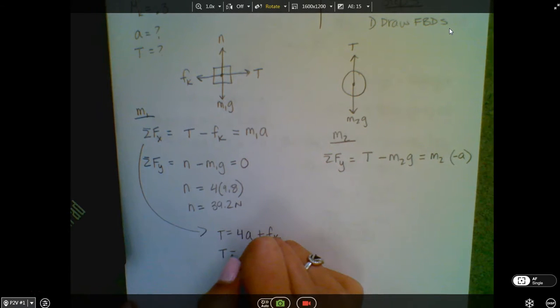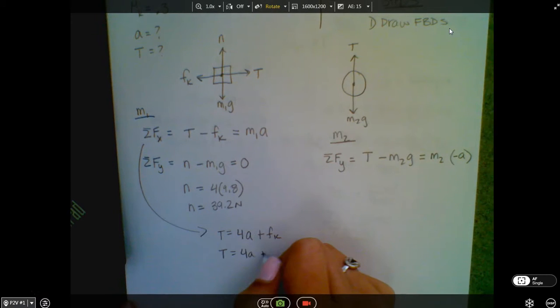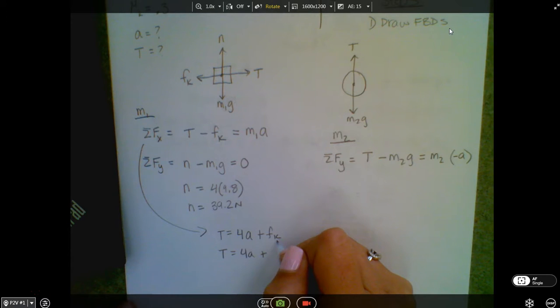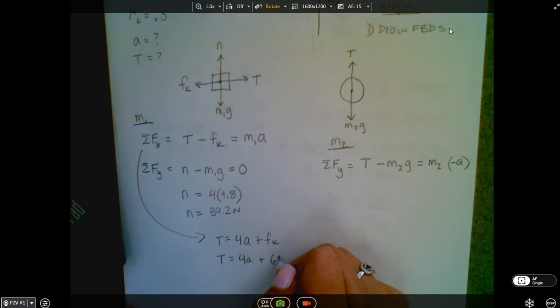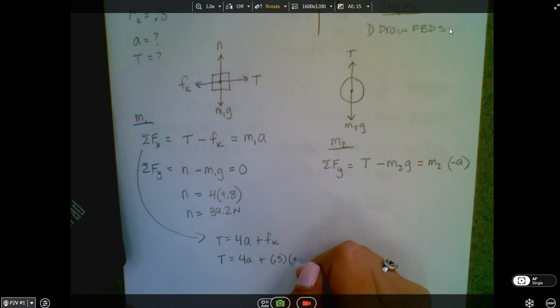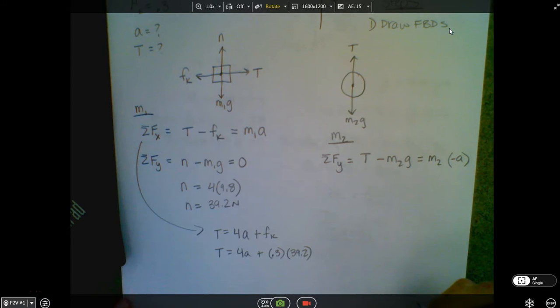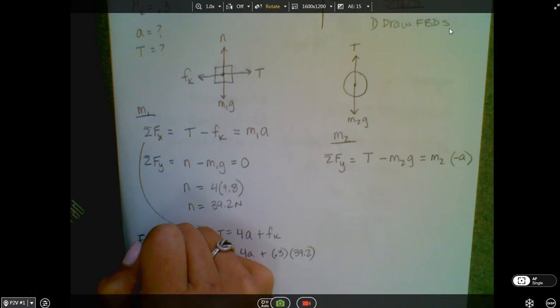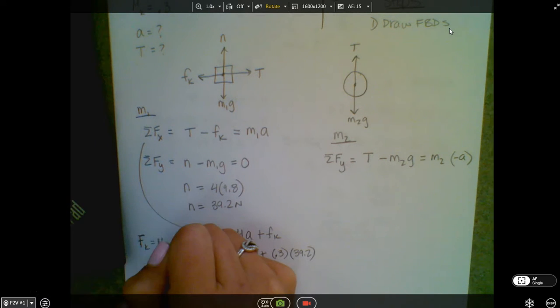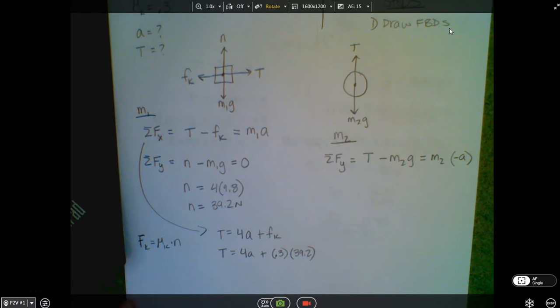I can actually rewrite this as 4a plus, remember, kinetic friction is mu k, so that's my 0.3, times the normal force, which I know is 39.2. So it's useful that I found that before. So I just used this equation for the force of kinetic friction. So that's a nice equation.